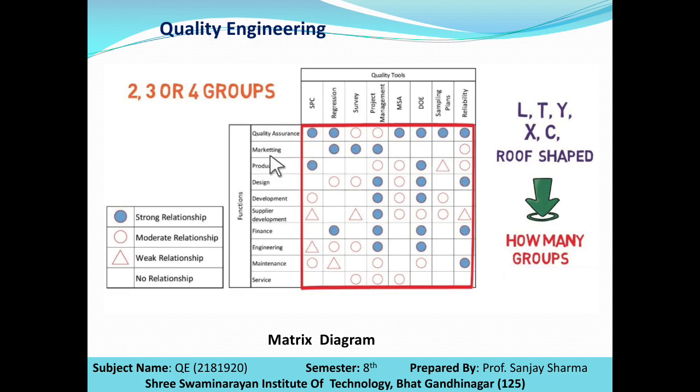Project management is also related to marketing. Considering the x axis and y axis, with strong, moderate, weak and no relationship, you will see a chart is generated, of the L, T, Y, X, C, roof shape type. From this you can identify which relation is very important for a particular activity. So this is how the matrix diagram works.